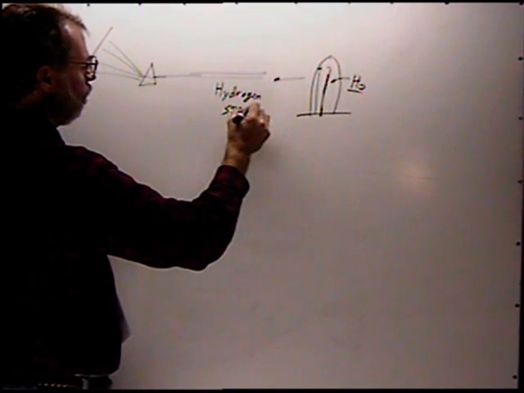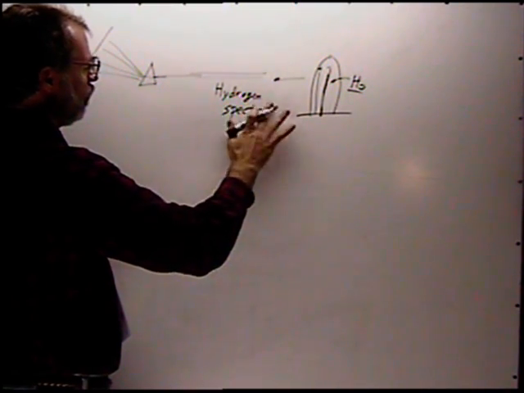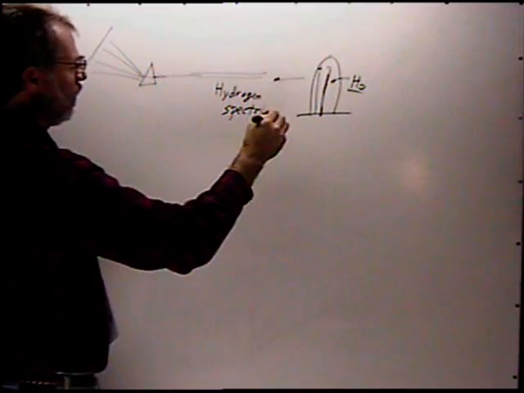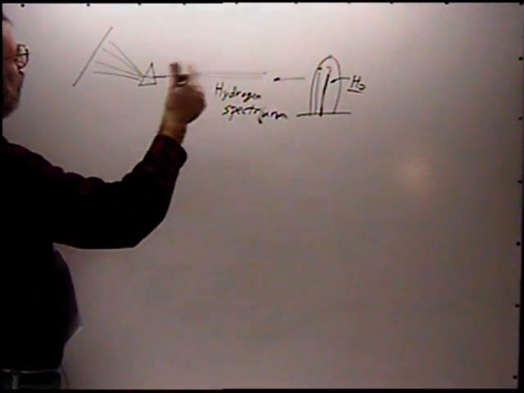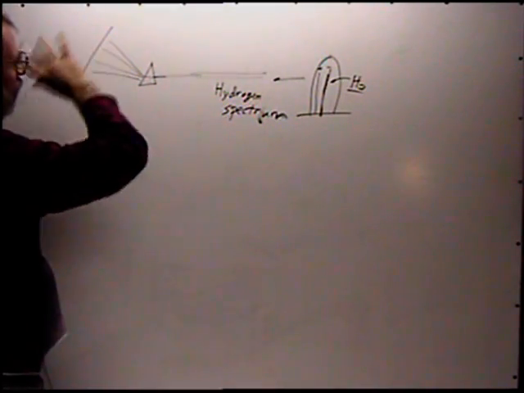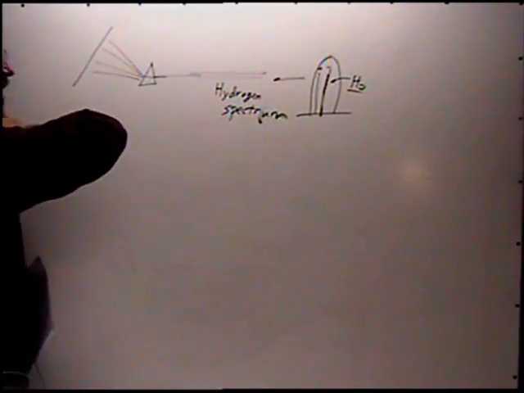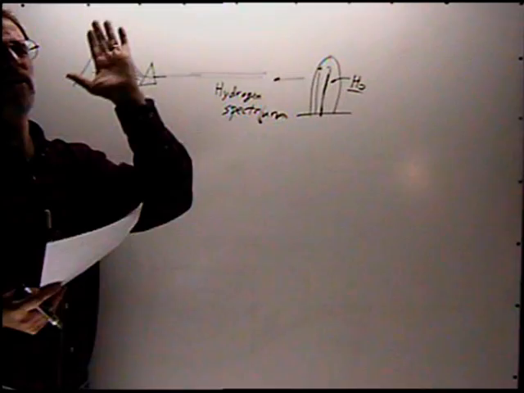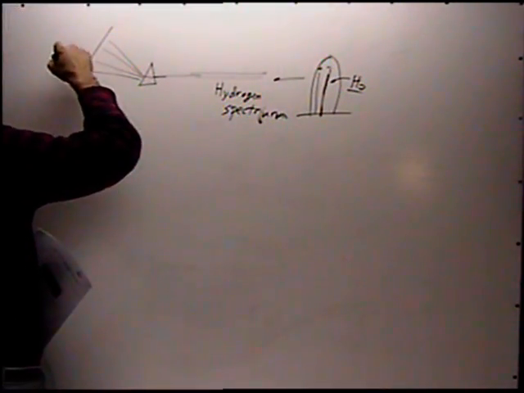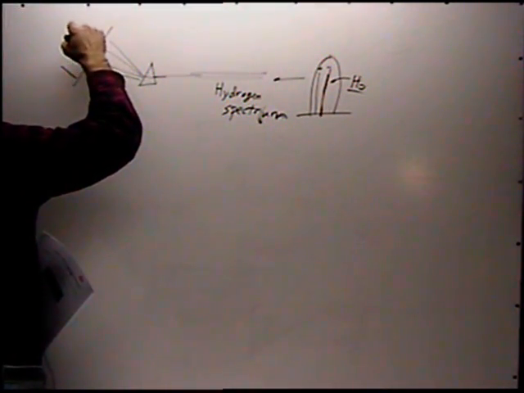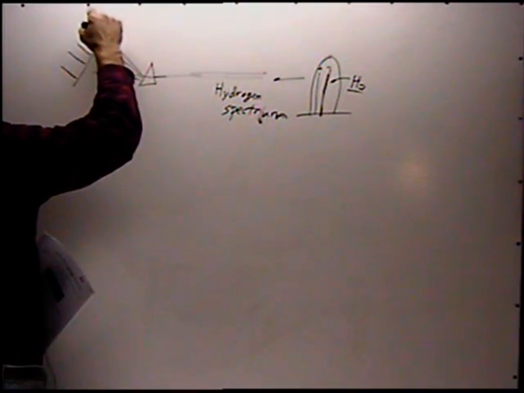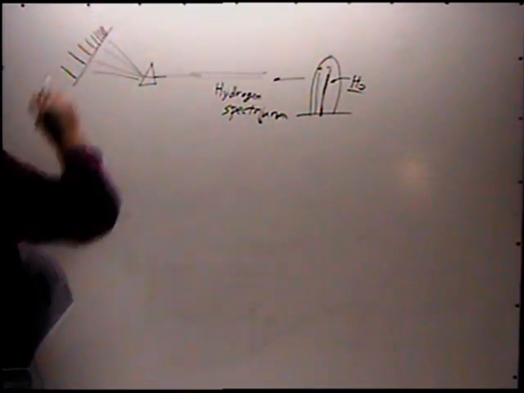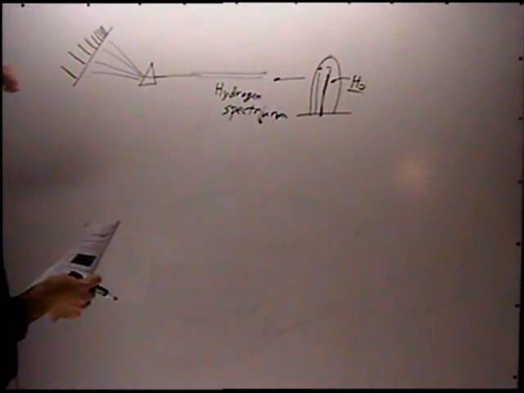If we take this hydrogen light, the hydrogen spectra, spectra is short for spectrum, and we take it through a prism and we separate the colors. What we find is it's not like white light at all. We get distinct bands of light, in a very sharp geometric pattern.